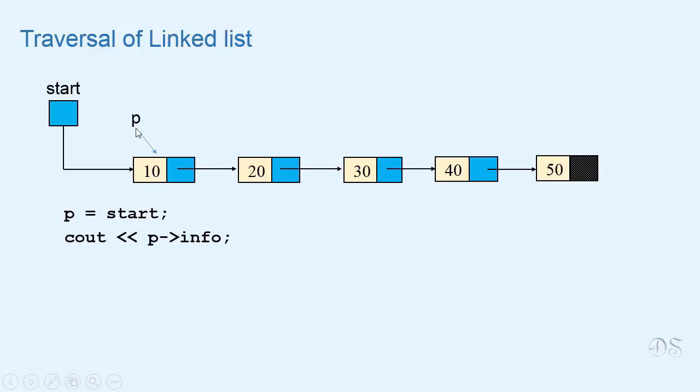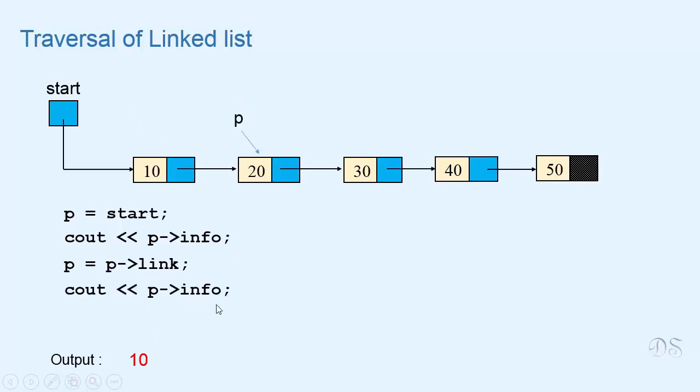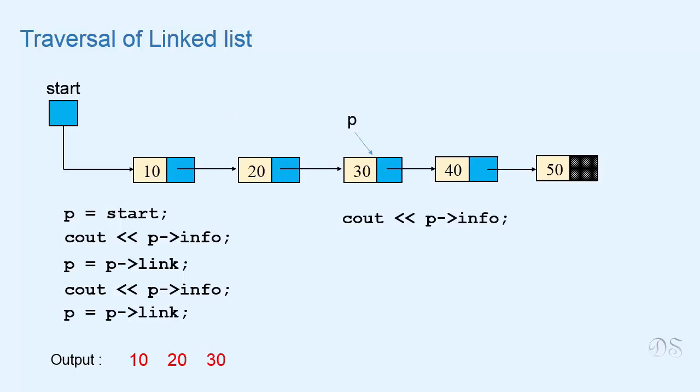Now P points to this node, P info is 10, so 10 will be printed. Next we write P equal to P link, so now P points to this node. Again we write this statement, now P info is 20, so 20 will be printed. Next again we write P equal to P link, now P points to this node. And now when we print P info, 30 will be printed.